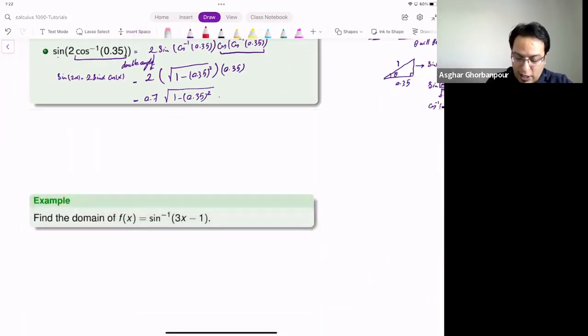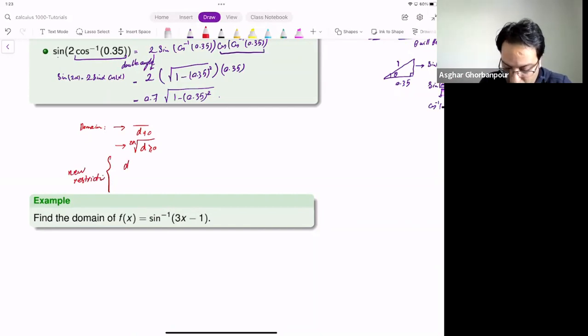Before, we got domains based on 2 things: the denominator cannot be 0, and under even roots must be non-negative. Now with sine inverse, cosine inverse, all these things, you get new restrictions.